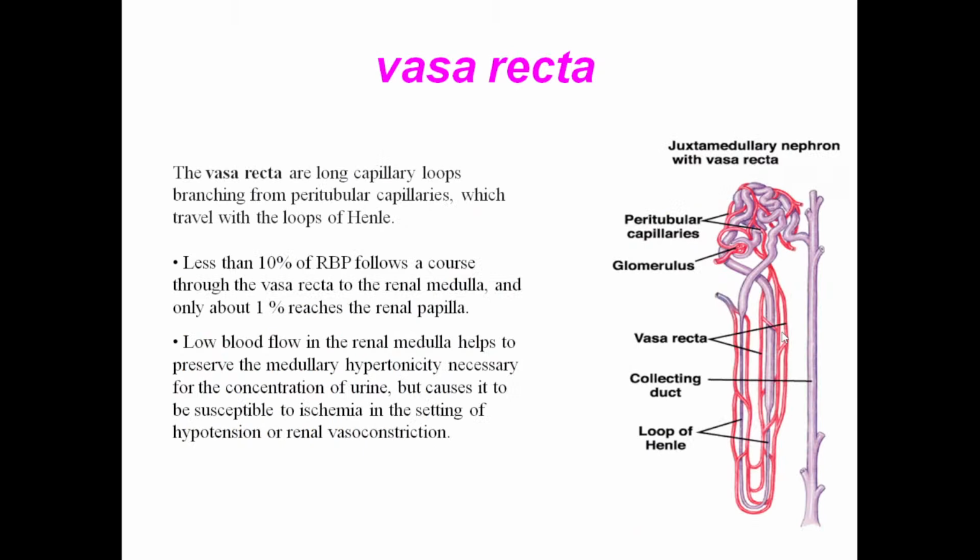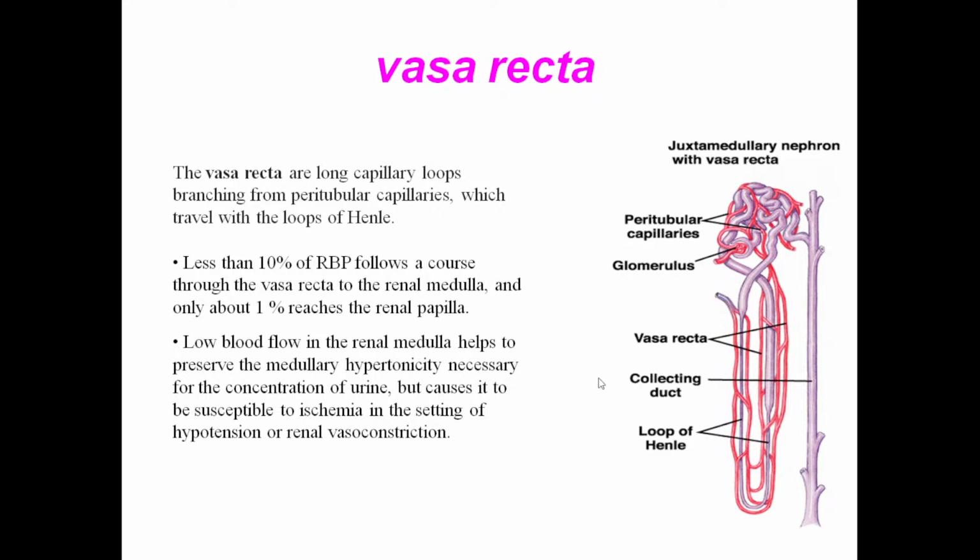Another example of a secondary capillary network is the vasa recta. Vasa recta are long capillary loops, as you can see in the slide, branching from peritubular capillaries, which travel with the loop of Henle. Less than 10% of renal blood flow goes through the vasa recta to the renal medulla, and only about 1% reaches the renal papilla.